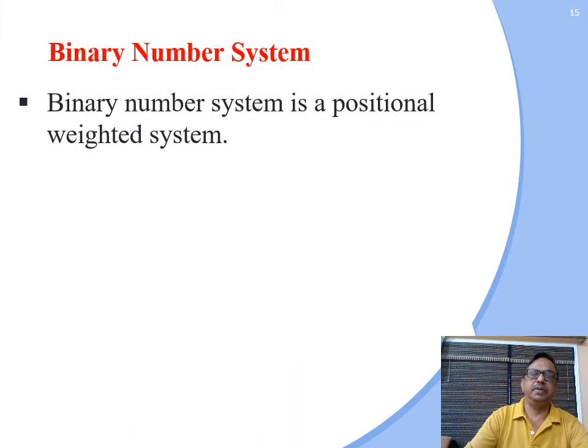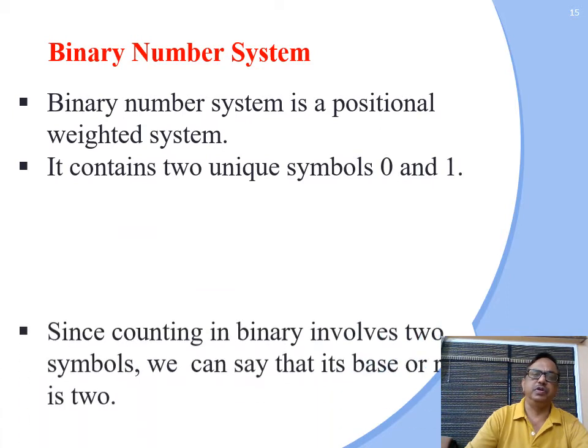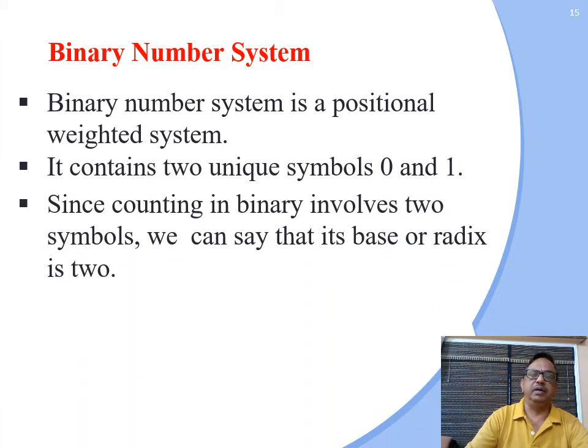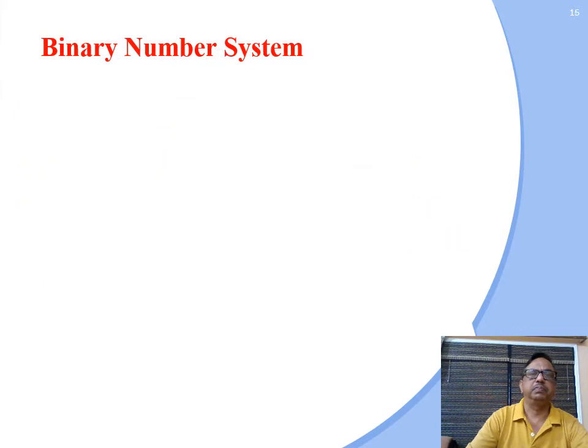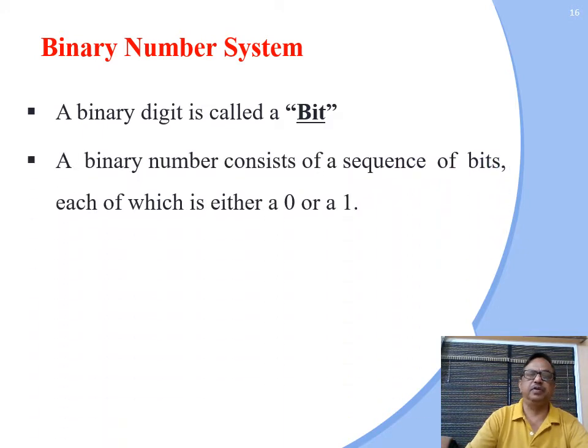The binary number system is again a positional weighted system. It contains two unique symbols 0 and 1, and because there are only two distinct symbols, its radix or base is 2. While the binary digit is called bit, this is what we have seen in binary number system.